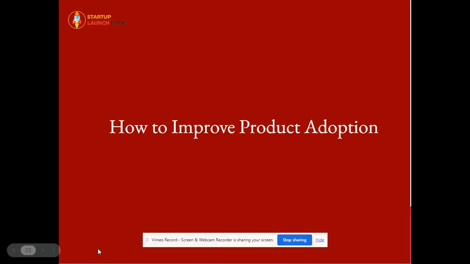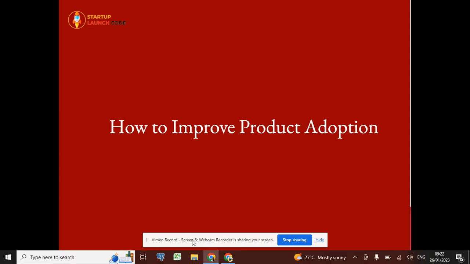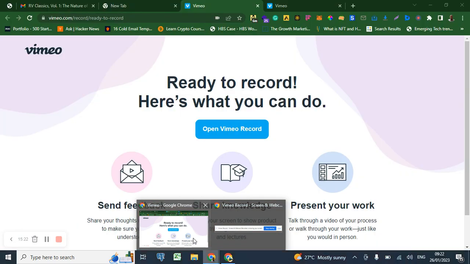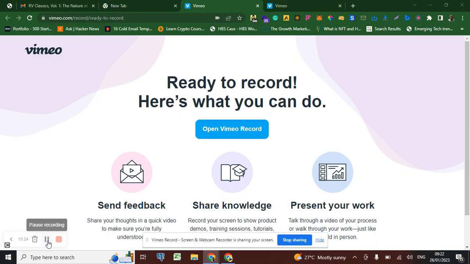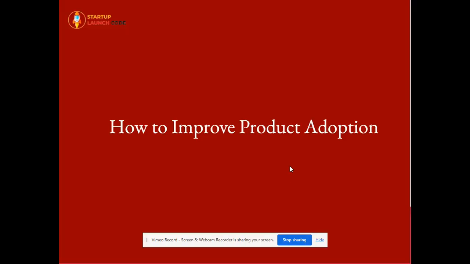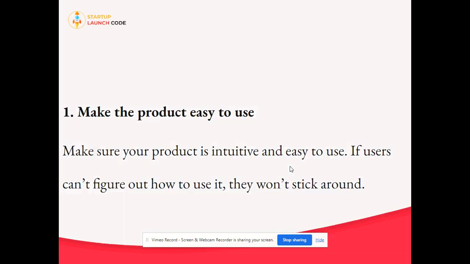So let's look at the different ways we can improve product adoption for our startup. So what are the ways we can improve product adoption? Number one, make the product easy to use.